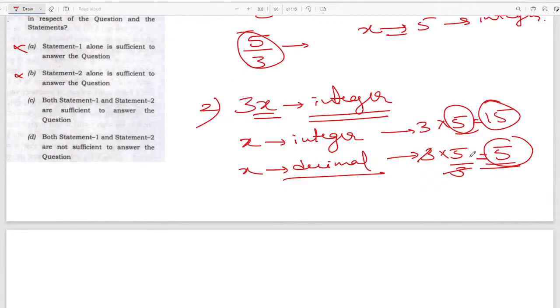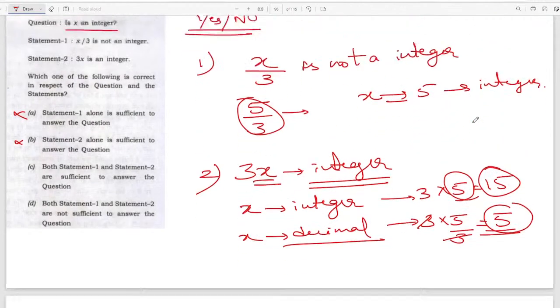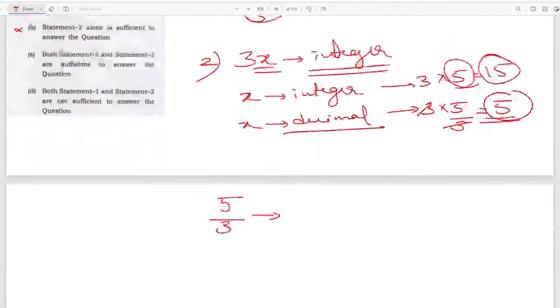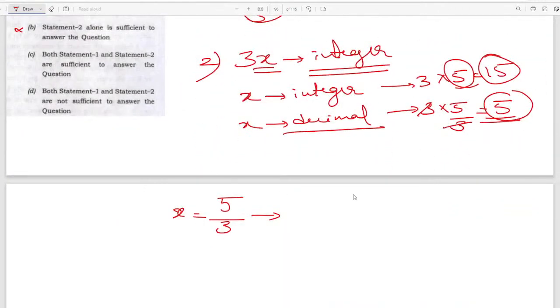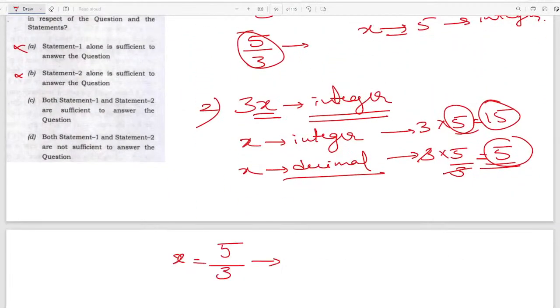So for example, even here, if I take x as 5, x by 3 is not an integer, and 3x is an integer.